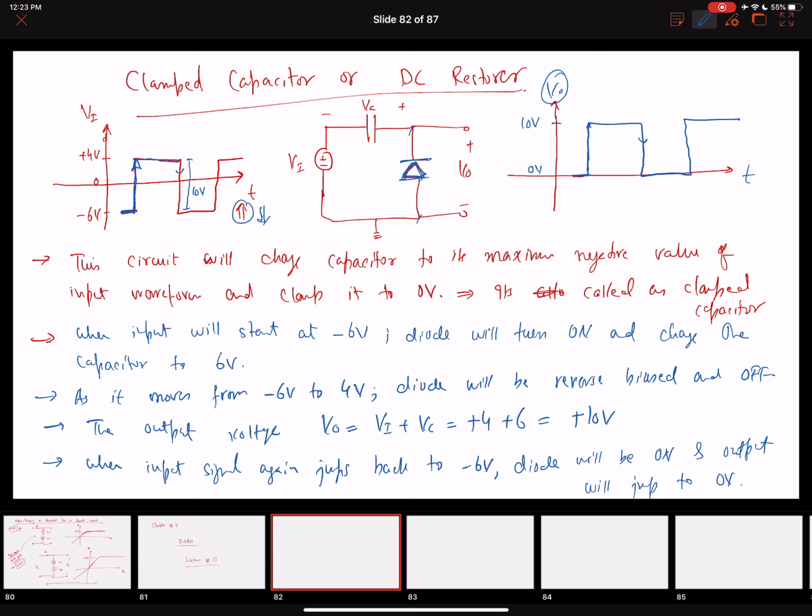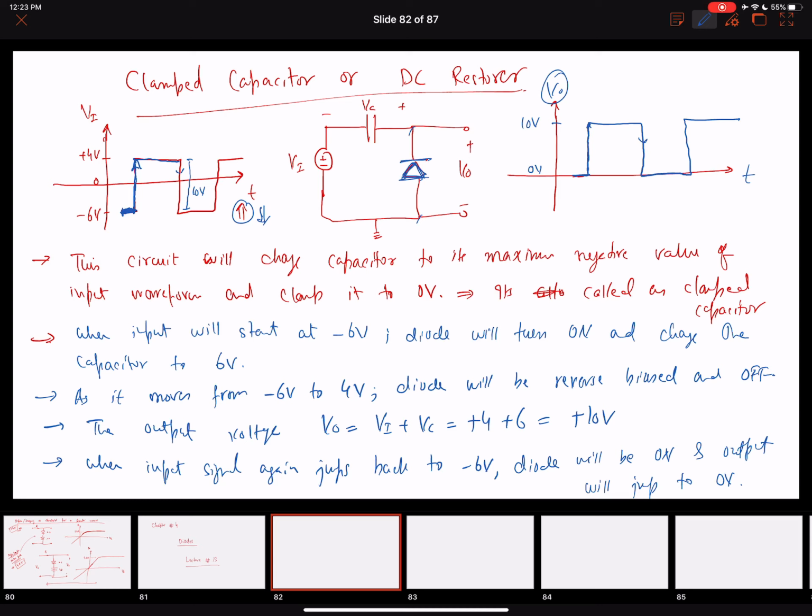the other way. All right, so in this case, we saw that during the start of the waveform, the capacitor was charged to 6 volts, and the diode was on, and that helped complete the circuit and the capacitor to charge.